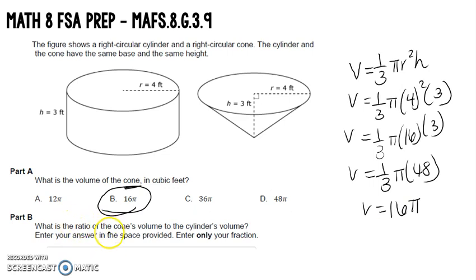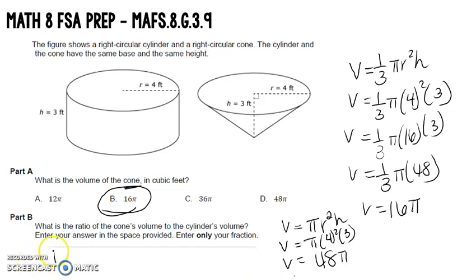It says, what is the ratio of the cone's volume to the cylinder's volume? So in order to answer that, we need to find the volume of the cylinder. So take a moment and find the volume of the cylinder. So to find that volume of that cylinder, we're going to be squaring that radius, multiplying it by our height. So we end up with 48 pi. So our ratio is 16 pi to 48 pi.